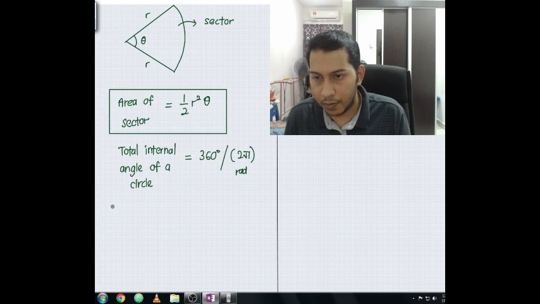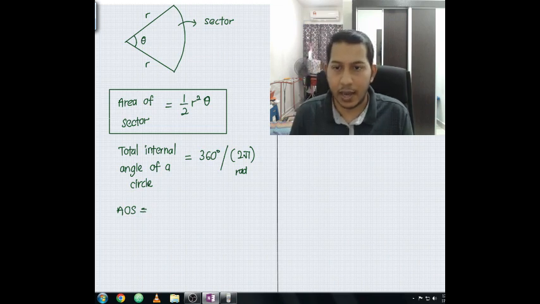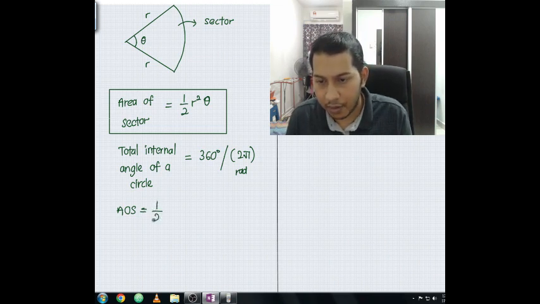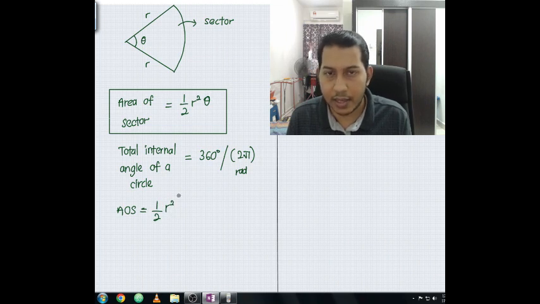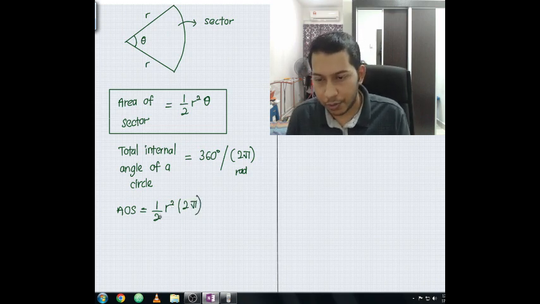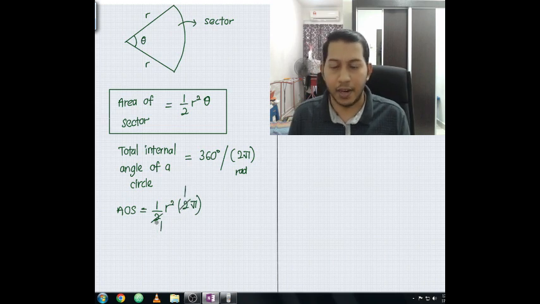So your area of sector of a circle will be equals to half times r square. Your angle theta in this case is 2 pi. The 2 you simplify, you get 1.